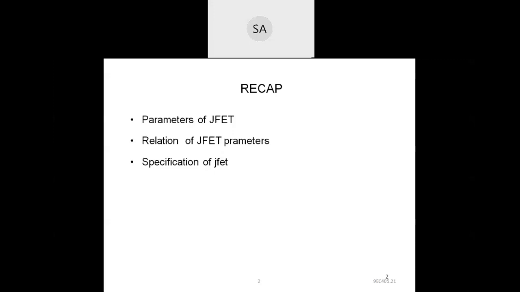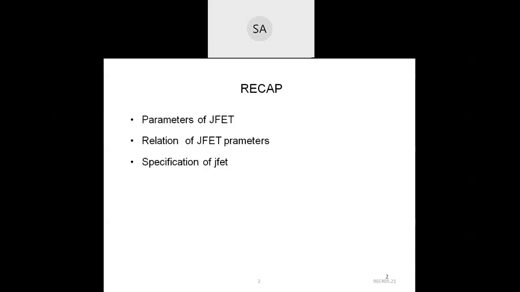The transconductance is the ratio of change in the drain current to change in the gate to source voltage by keeping the drain to source voltage constant, and the units are mhos or Siemens.